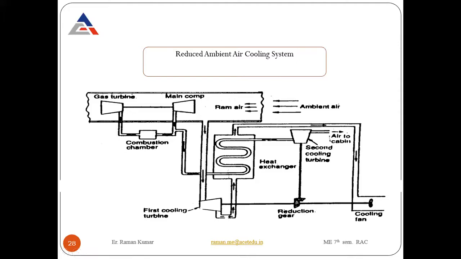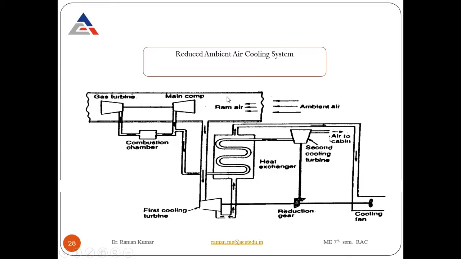Have you noted it? This type of system is used for very high speed aircraft, when ram pressure is too high. So look at here, why is this cooling turbine used? Because in this case, ram air pressure and temperature are very, very high.